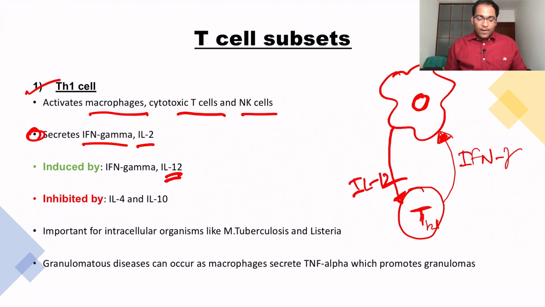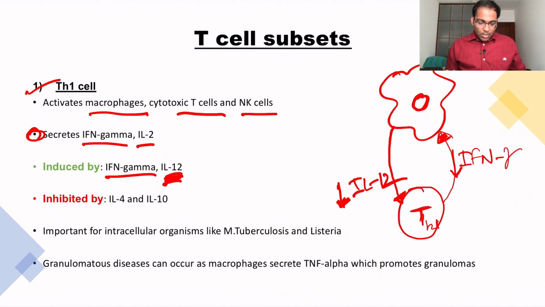So you have to remember this intimate relationship between T helper 1 and a macrophage, because there are certain diseases where we have a decreased amount of interferon gamma or we have a decreased amount of interleukin 12. So remember this intimate relationship. Now, T helper 1 cells are induced by interferon gamma, as I mentioned, and interleukin 12 here, right?